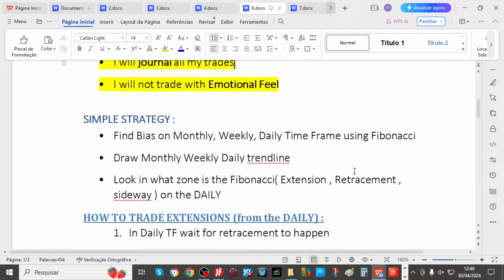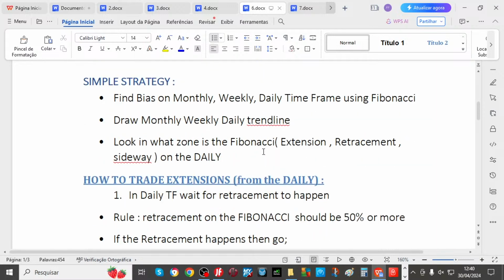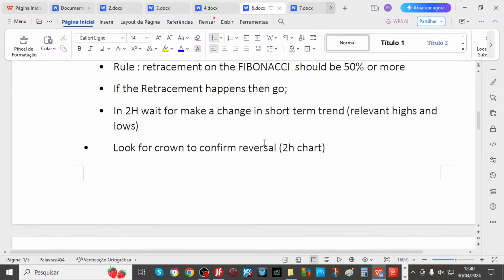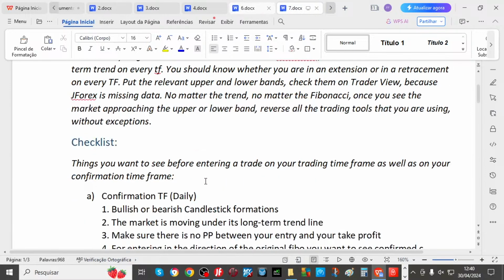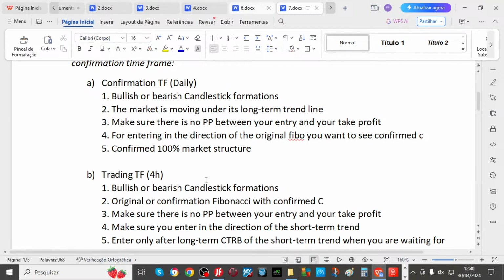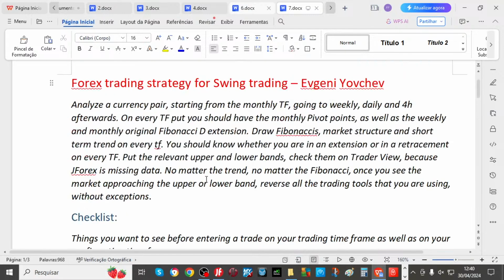Number 6. Fibonacci extension, retracement, Fibonacci. So it's Fibonacci. 7. Now let's see.